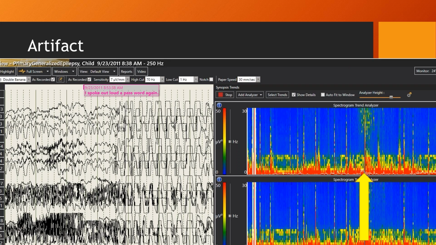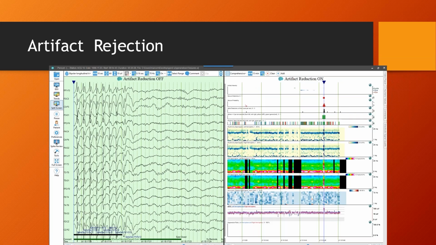This is pretty good to go by if you're trying to differentiate real activity from artifact in the spectrogram. I've always found it somewhat useful, not in all cases, but in particular cases, this striped pattern helps me to differentiate. You can see that even in the same area, there's that cloud of yellow up in the beta ranges, and that's all muscle activity. But you can see the clear difference in the peak we're looking at that has that striped and banded appearance.